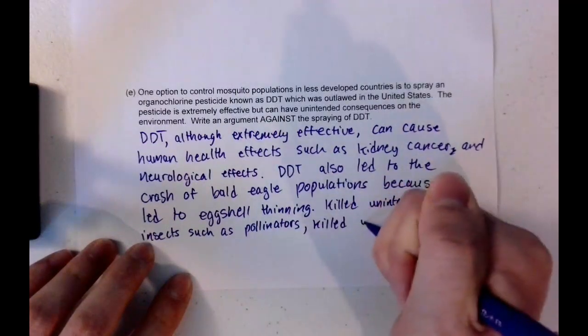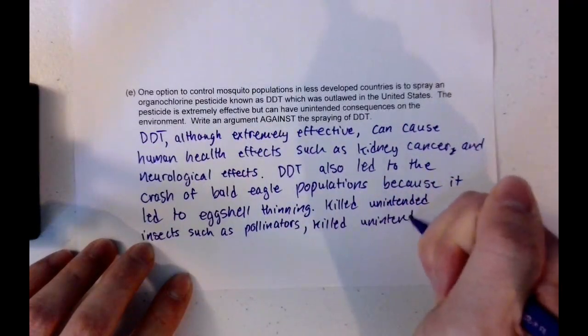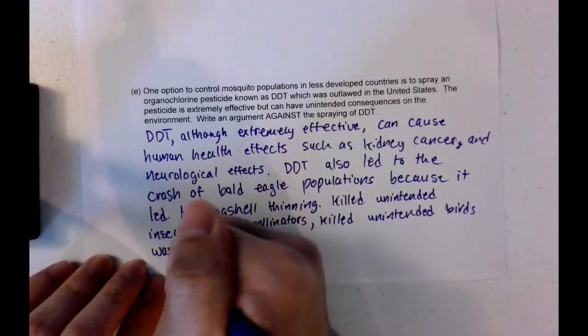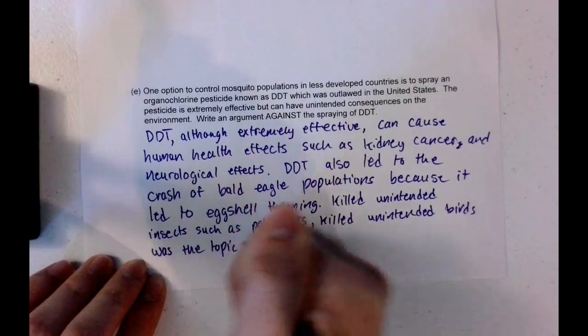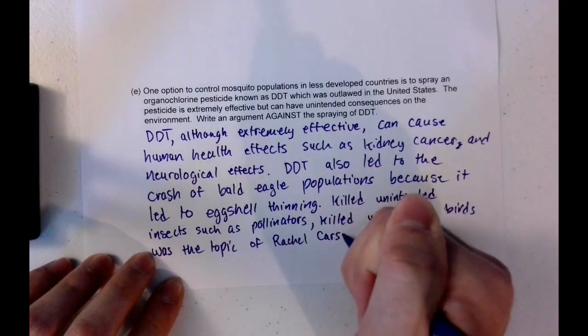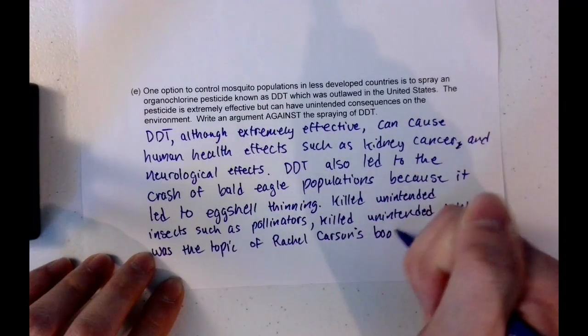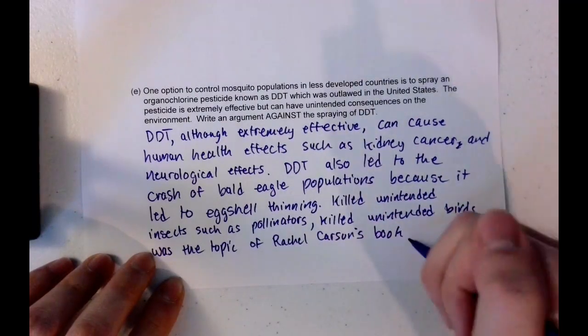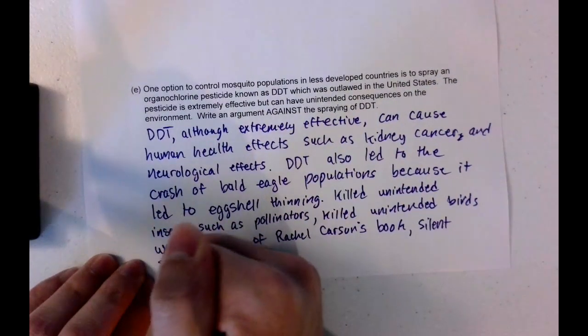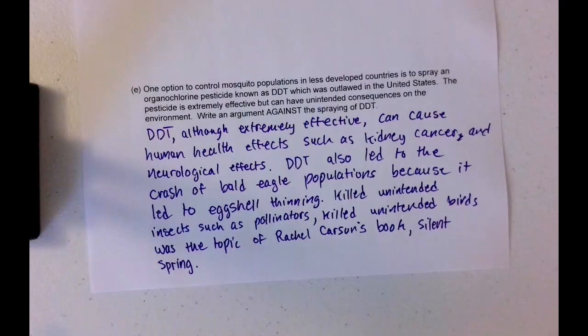Killed unintended birds, which was the topic of Rachel Carson's book. Do you know which book? Silent Spring. Ta-da! I even wove in Silent Spring there. You have to be impressed with that. Don't say cultural eutrophication for this one because it doesn't cause cultural eutrophication. And that's it for this one.